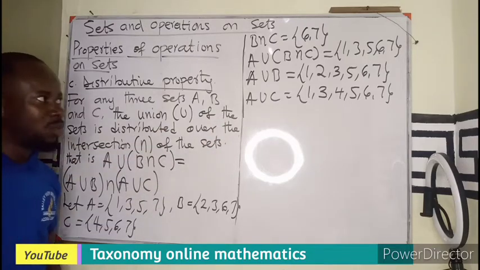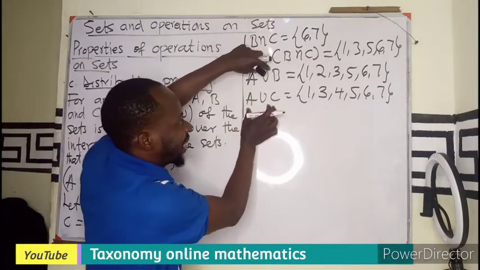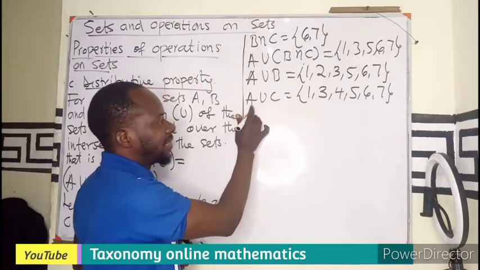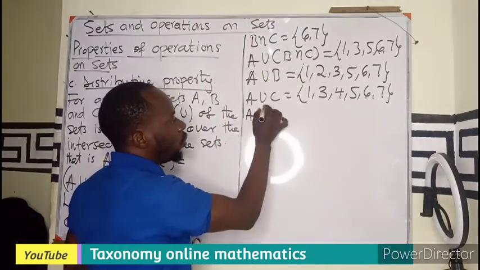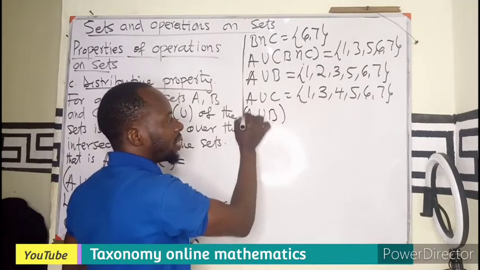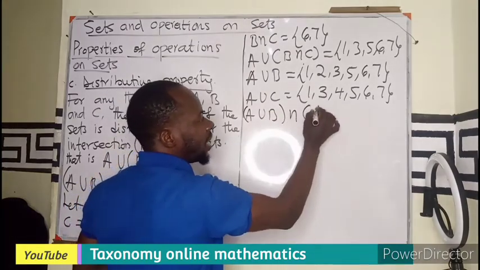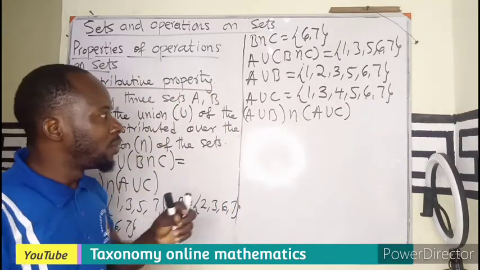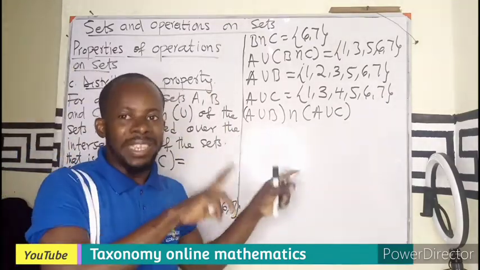What is the next thing to do? Finding the intersection of these two sets. Meaning, we are going to find the intersection of A union B and A union C. What are the elements common to both sets?